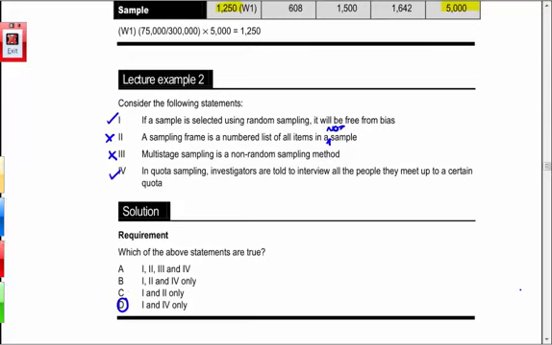When choosing the correct answer in an example like lecture example 2, we need to have a look at all of the statements, but we can also use the combination of answers. So you can see here then that in all of these cases, statement 1 is true, so we don't really need to worry particularly about that statement.